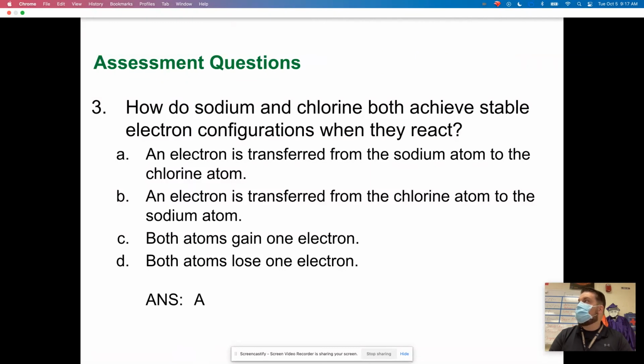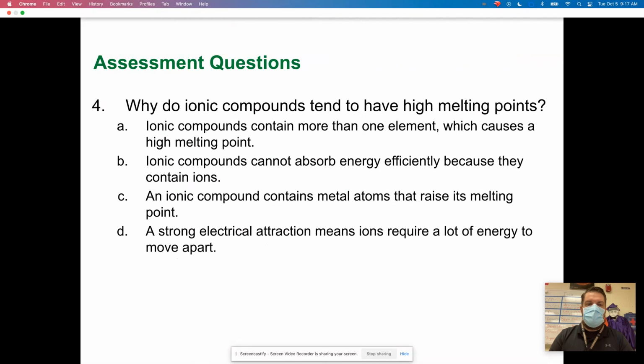Well, actually, it's group 17, but it's 7B, depending on what convention you think of. Why do ionic compounds tend to have high melting points? Well, a strong electrical attraction means that the ions require a lot of energy to move apart. So you've got to add a lot of thermal energy to break those ionic bonds.